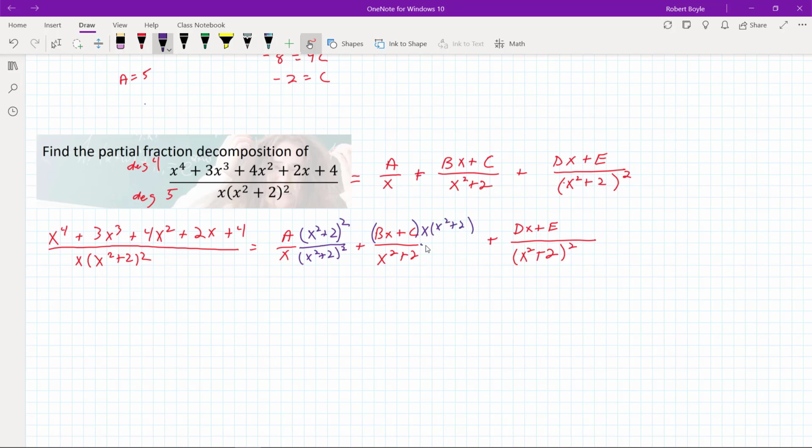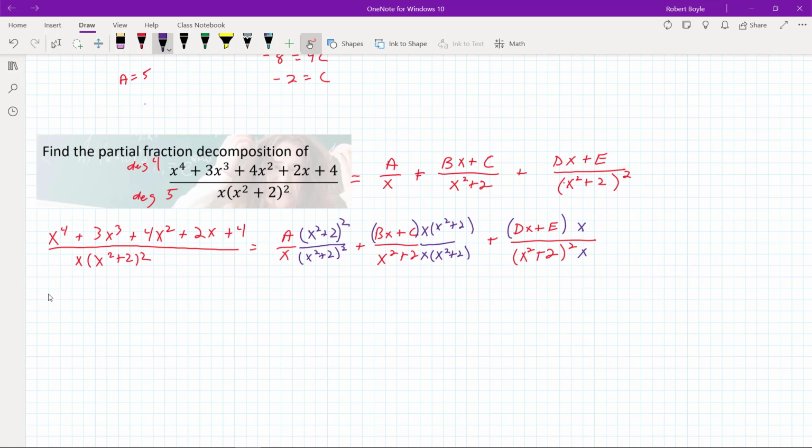And you also want to do the exact same thing in the denominator, x times x squared plus 2. And then for this term, we want to multiply both terms by x over x. Once we've done that, we have a common denominator, and the common denominator can go away. And this is what we're going to have.